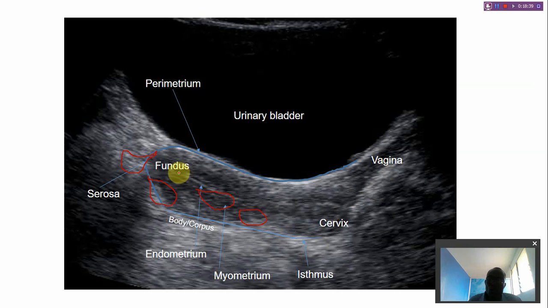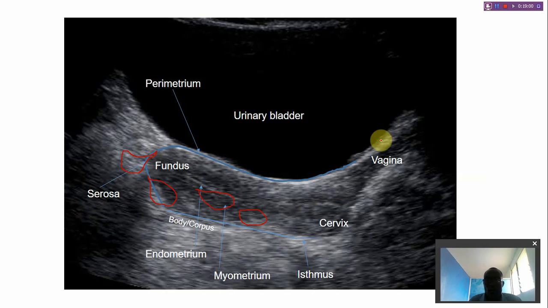So this is the endometrium where the implantation takes place. Here's the implantation site. The endometrium runs from the cervix through to the fundus, connected to the ovary and the fallopian tube. Good. So this is the bladder.